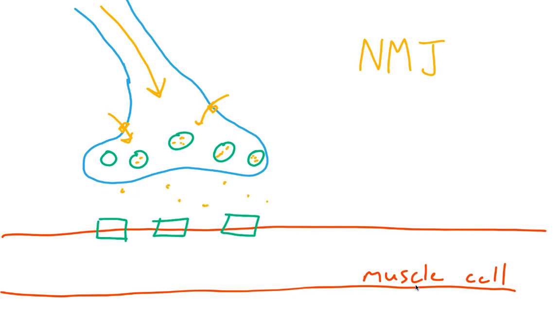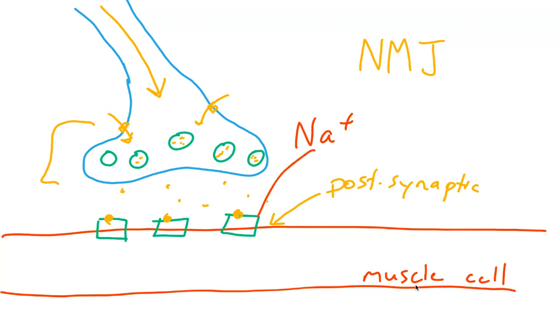And then in this post-synaptic terminal, remember this is post-synaptic, and this area here is going to be the presynaptic terminal. So post-synaptically, when the acetylcholine binds to these specific ligand-gated channels, these channels open and sodium comes in through these channels.